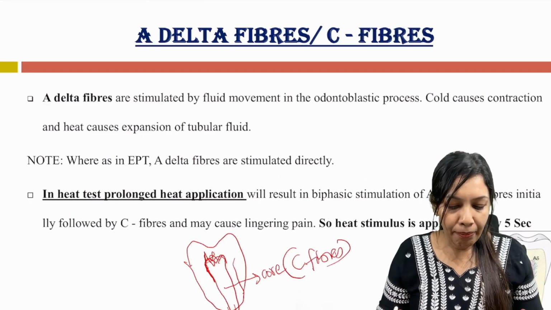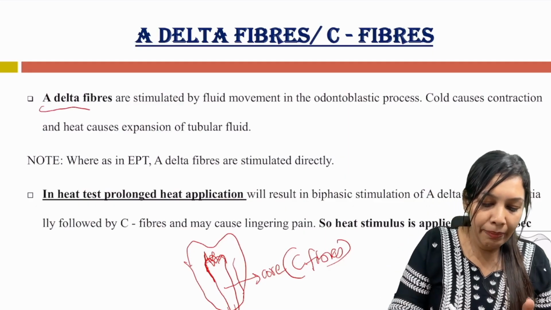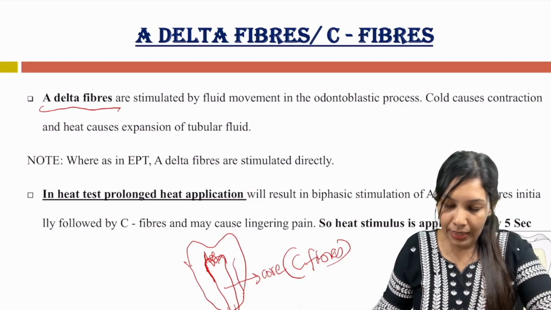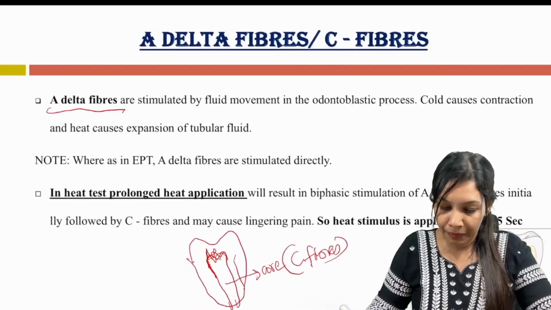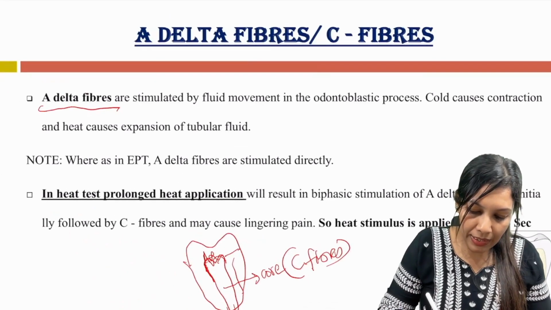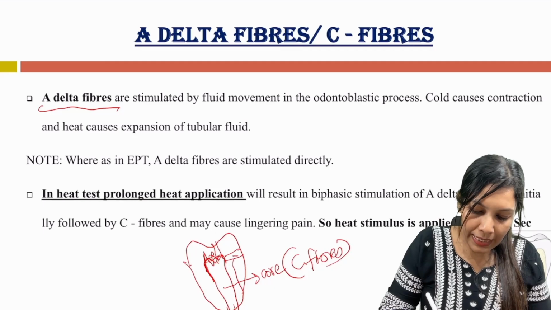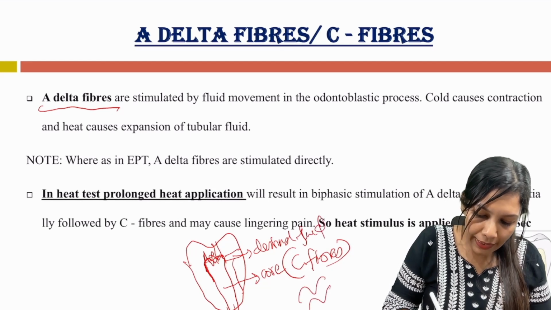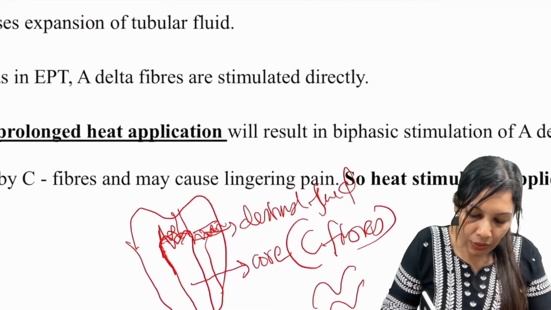Right. Another important thing is that A delta fibers are stimulated by fluid movement. As I said, you can see in this image, here there are dentinal tubules. Inside that there is dentinal fluid. So the dentinal fluid will move like this, inside the tubules.